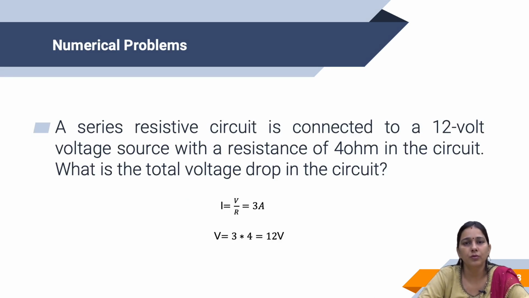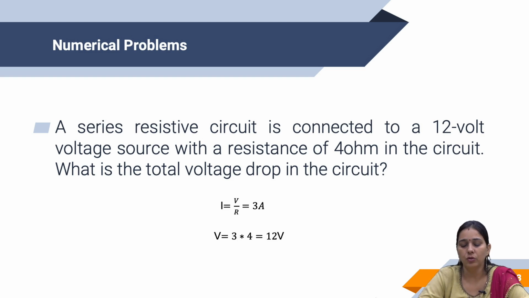Let us proceed with a problem in which we will be using Kirchhoff's voltage law. A series resistive circuit is connected to a 12 volt voltage source with a resistance of 4 ohms in the circuit. Here we have to identify the total voltage drop in the electrical circuit.